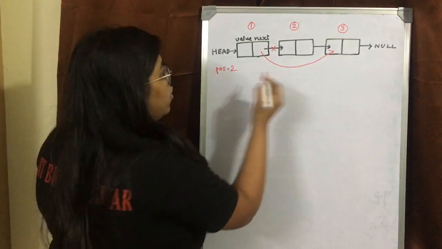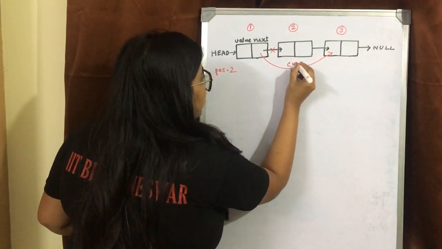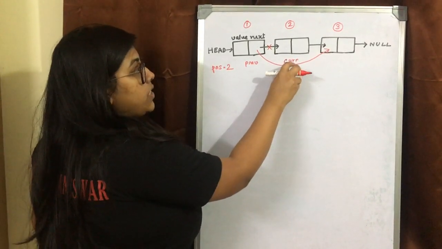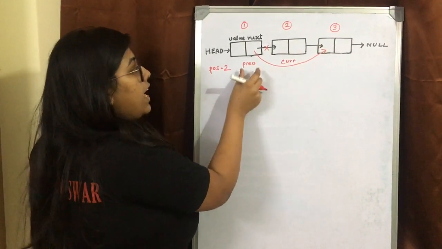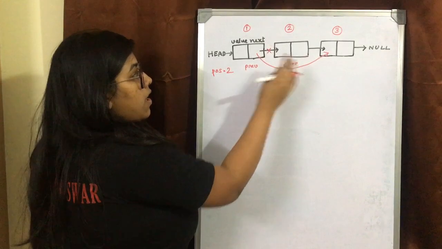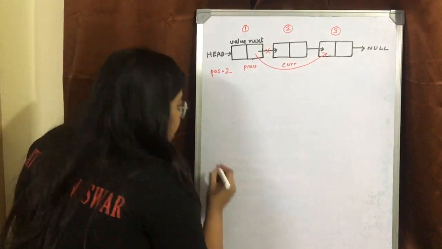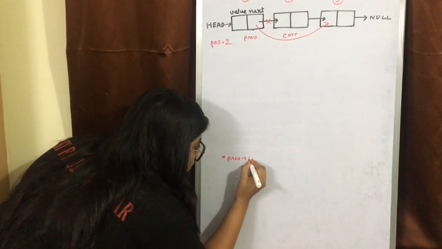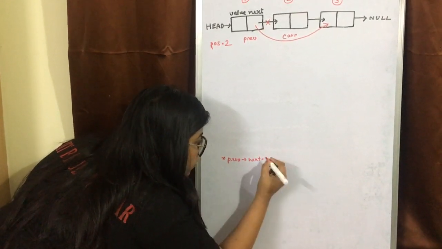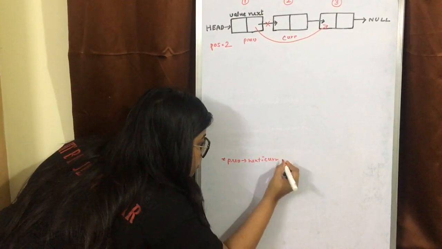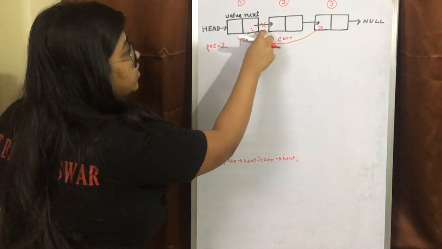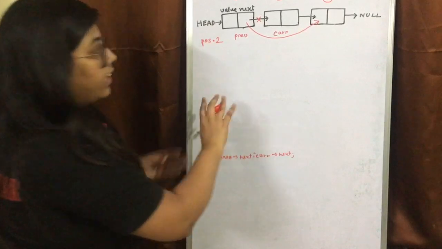So we can take two nodes: a current node, which is the node that should be deleted, and the previous node, which is just the previous node of the current node. What we can write is: previous next points to current next, and that is done.